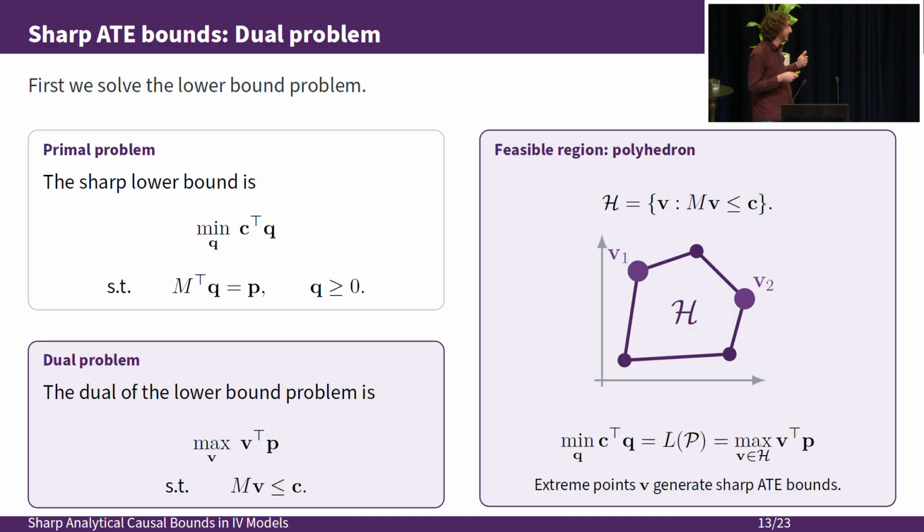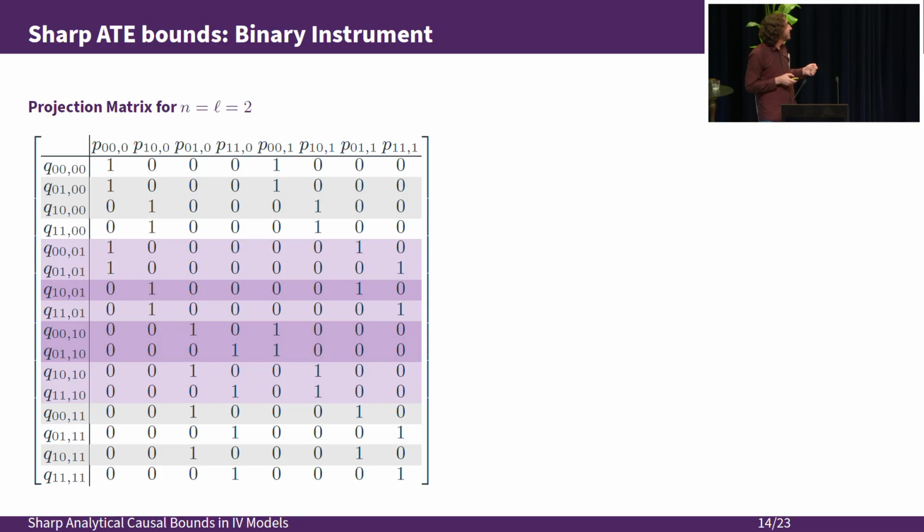We know that for a polyhedron, its maximum and minimum are attainable at its extreme points. So we just need to enumerate the extreme points of this polyhedron. I'm going to give an example to show the proof idea we used.